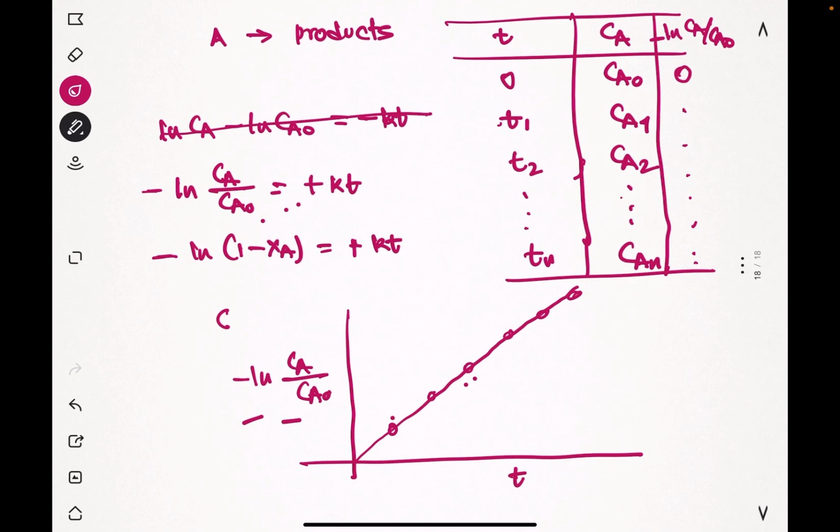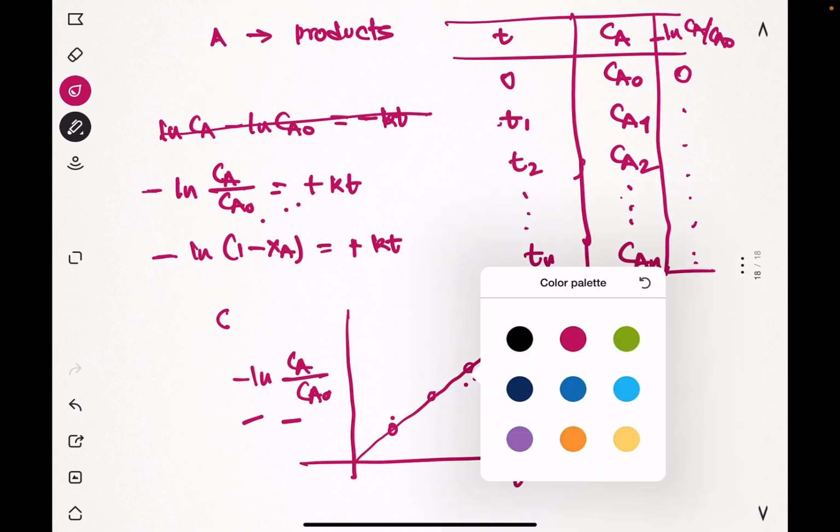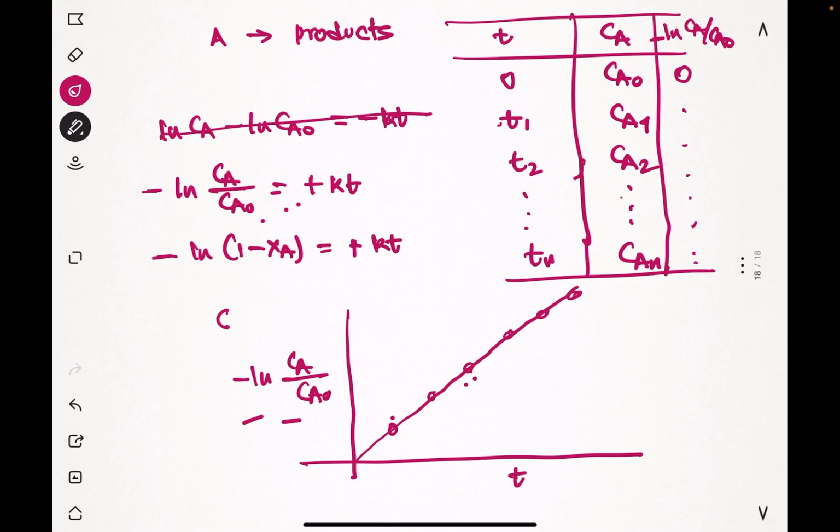And here the slope is nothing but our K, the specific reaction rate.